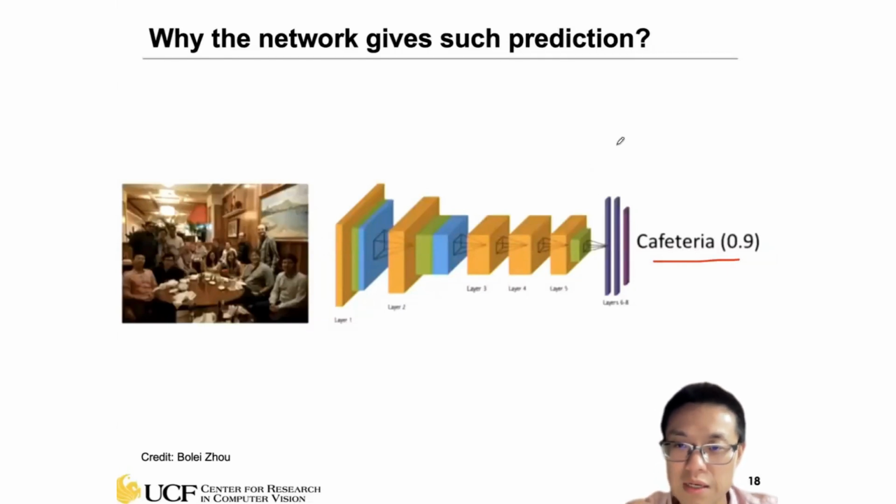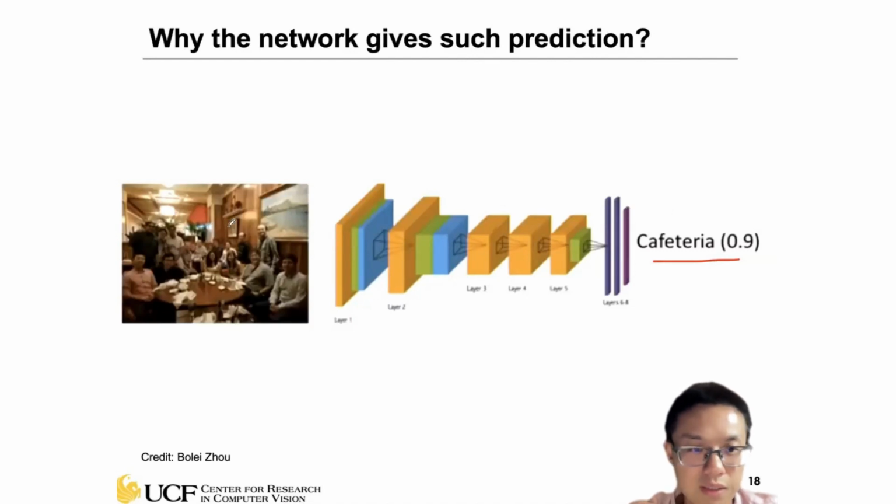We can visualize the feature vectors using the previous method and see if it makes a meaningful representation, but it's still not clear why the network determined this as cafeteria. What kind of information is the network actually using to make this decision?